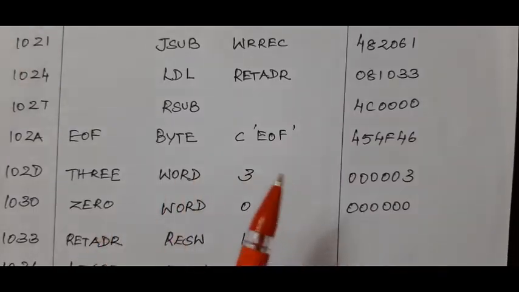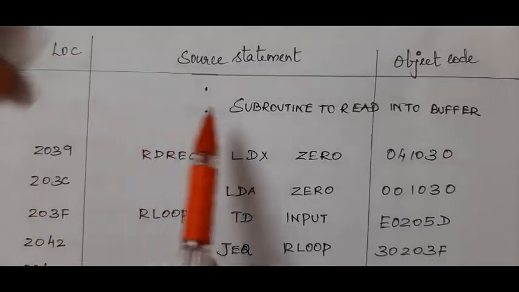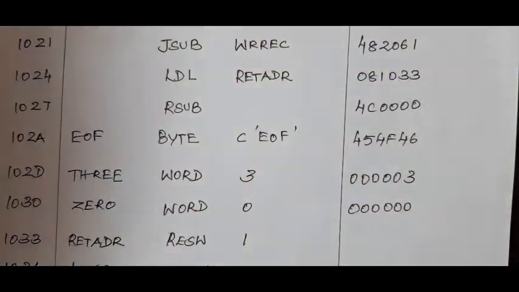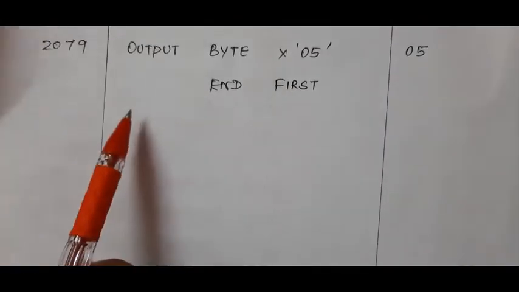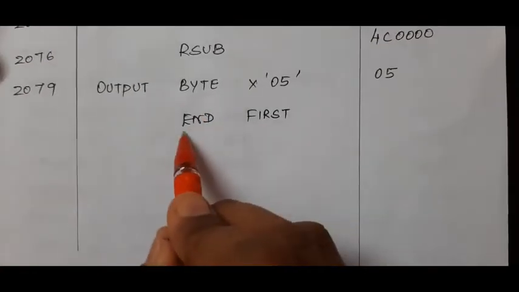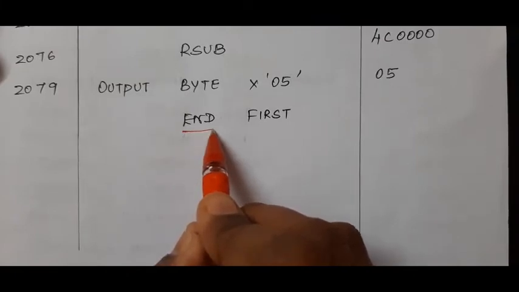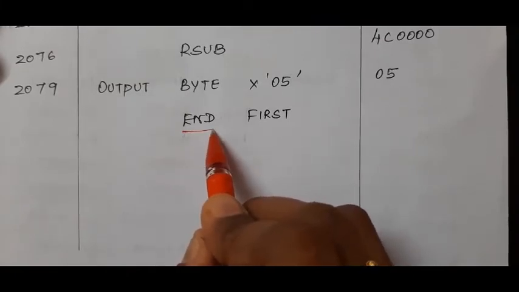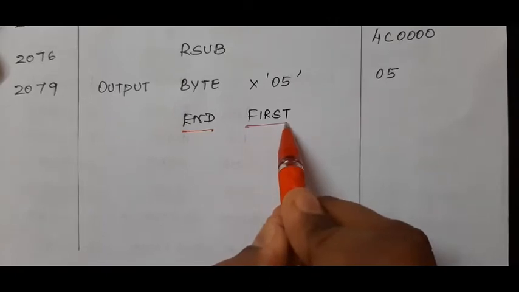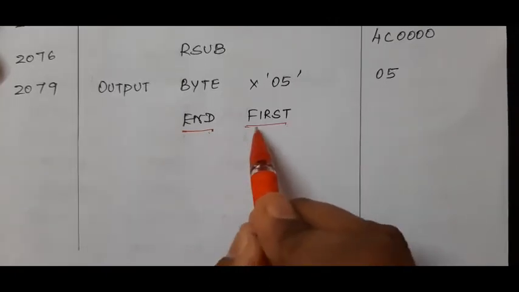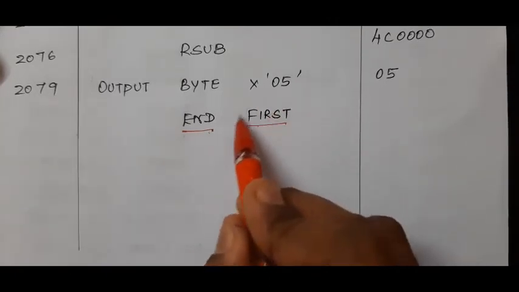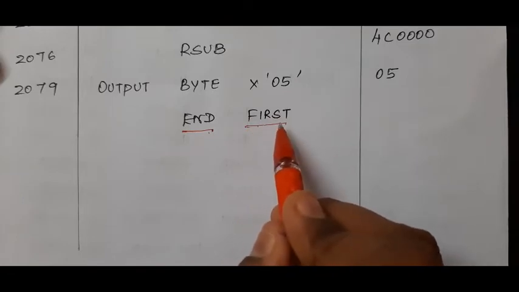See the continuation of the program till we have 2079, END FIRST. I told you, END specifies the end of the program. If you have END FIRST, this specifies the first executable statement.